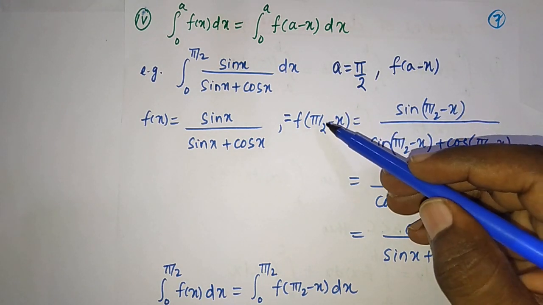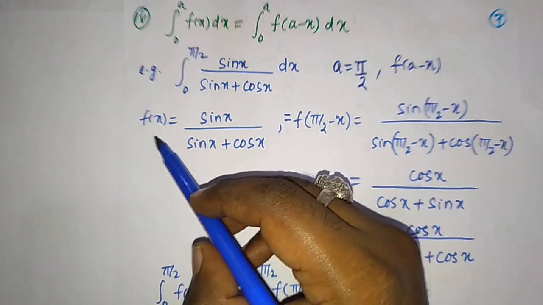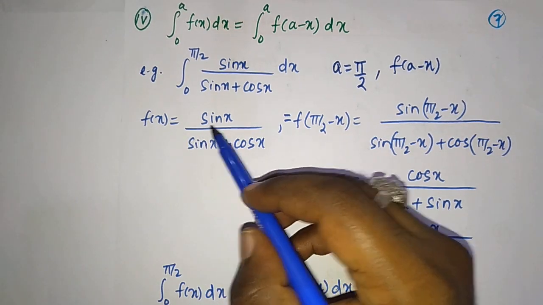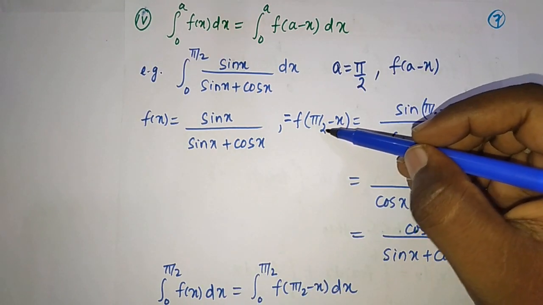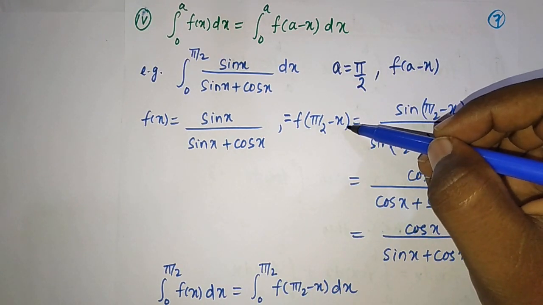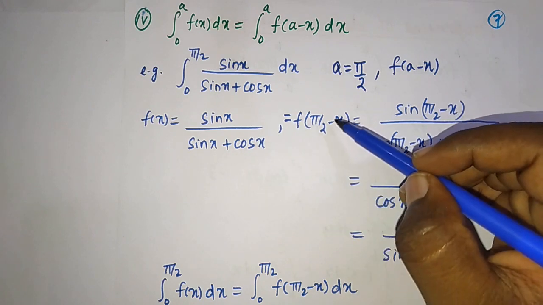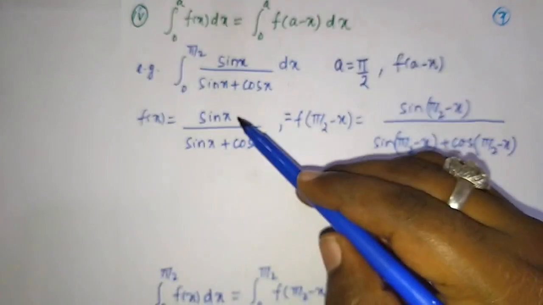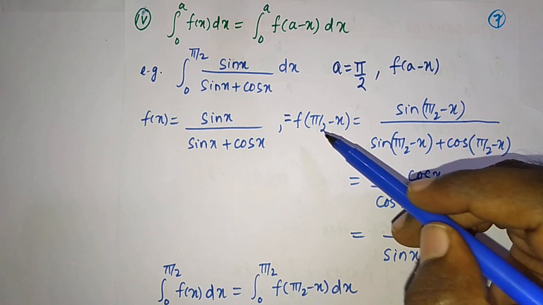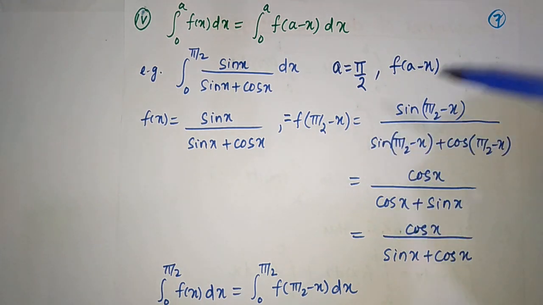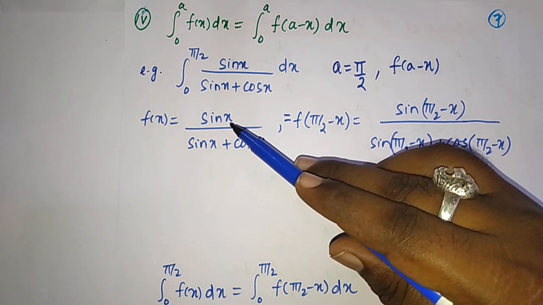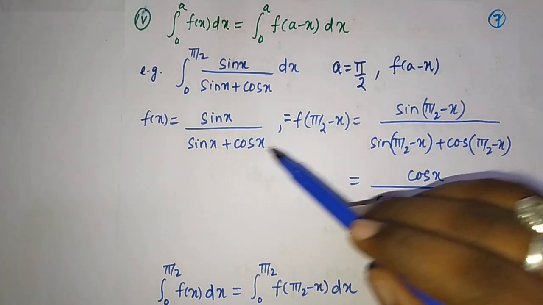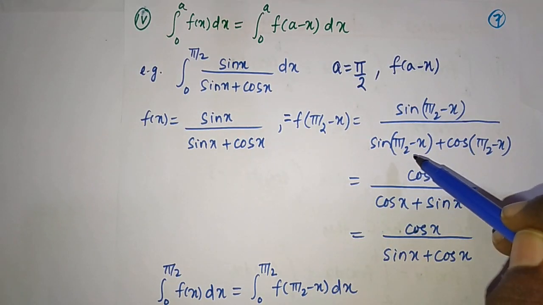How will we find f of pi by 2 minus x? See, here f of x was sin x divided by sin x plus cos x. So to find f of pi by 2 minus x, we will put pi by 2 minus x in place of x. Here sin x is there, so write sin of pi by 2 minus x.